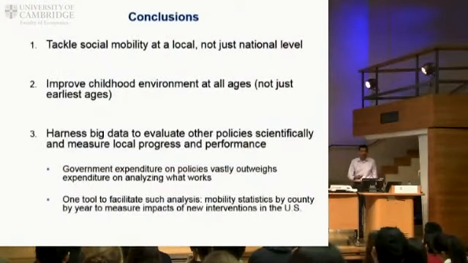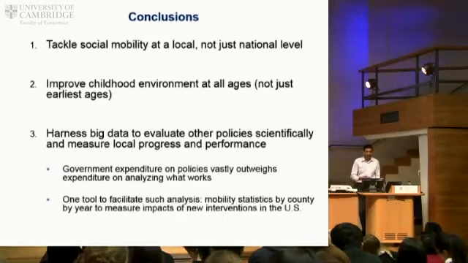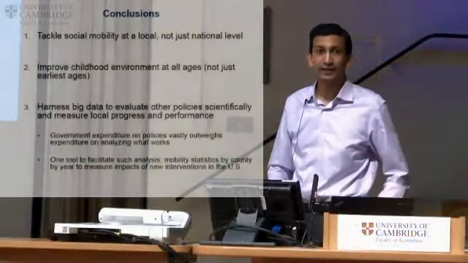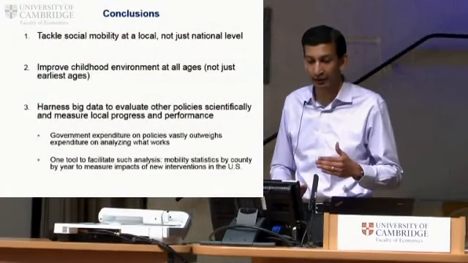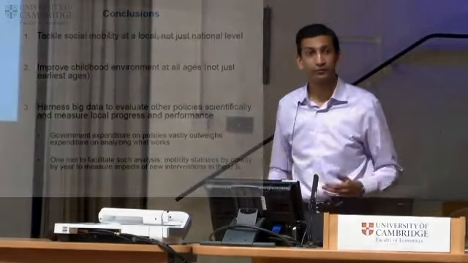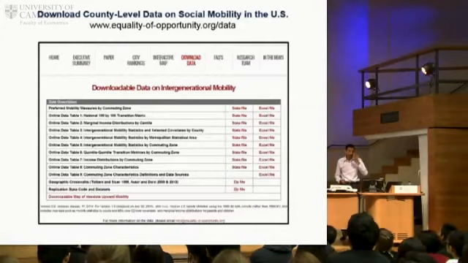So one tool to facilitate such analysis, to try to make it feasible to evaluate these policies more easily, one thing we're doing in the US, using the data we've constructed, is to publicly disseminate mobility statistics by county, by year, in order to measure the impacts of new interventions in the US. For some of the students here or others, you might be interested in these data.